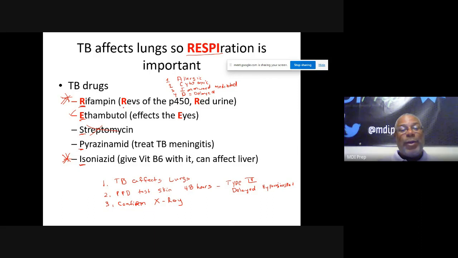Rifampin is all about the letter R. It revs up. The word revs up means speeds up. The P450. Whoa. Where is the P450 system located? Chromosome?